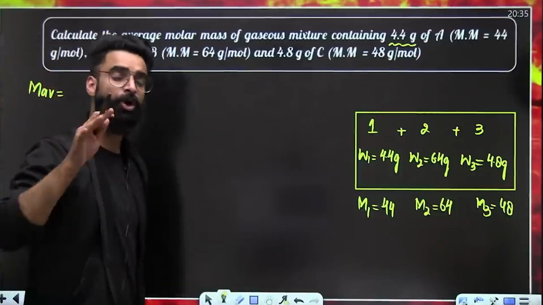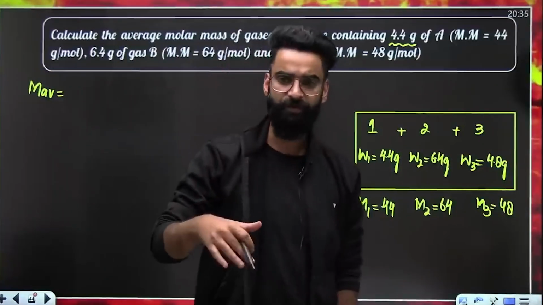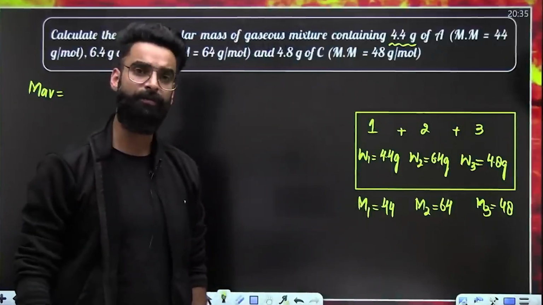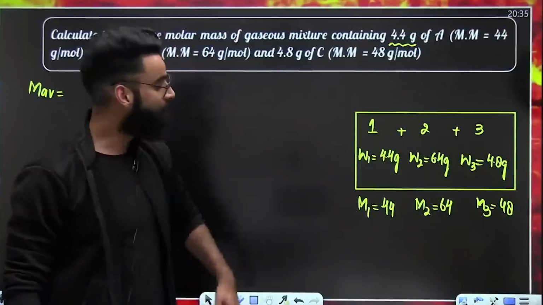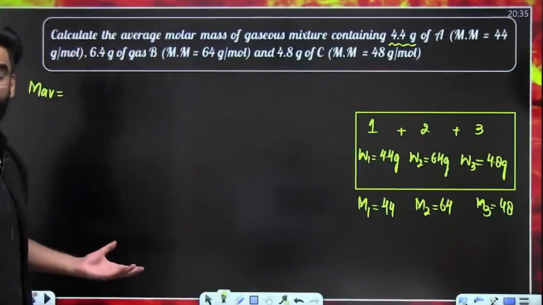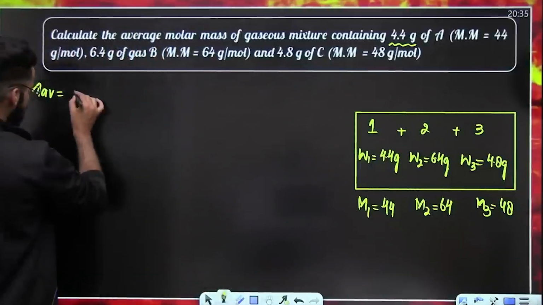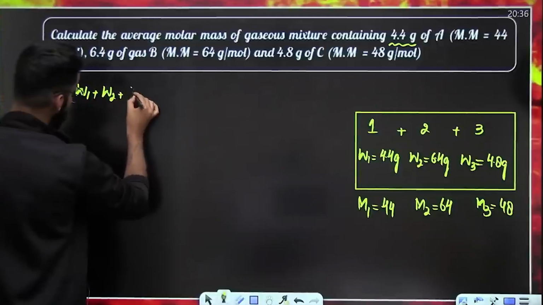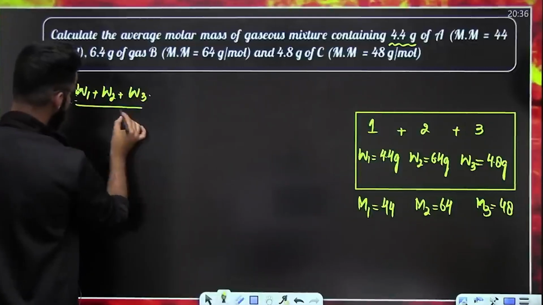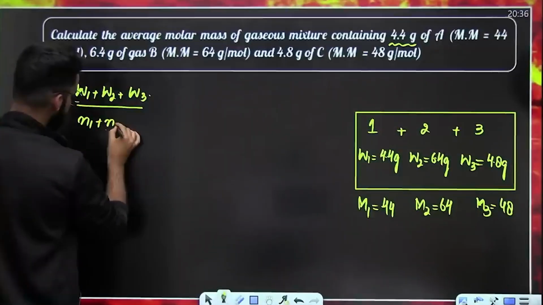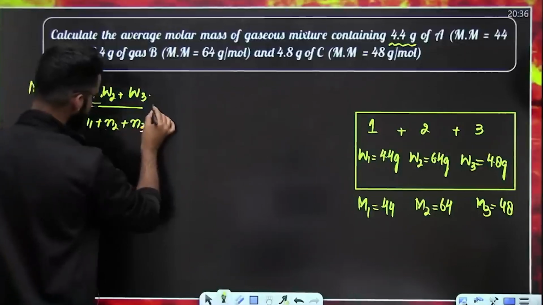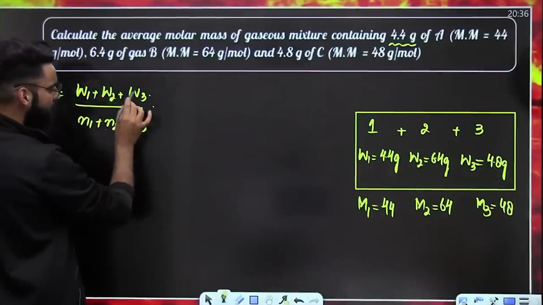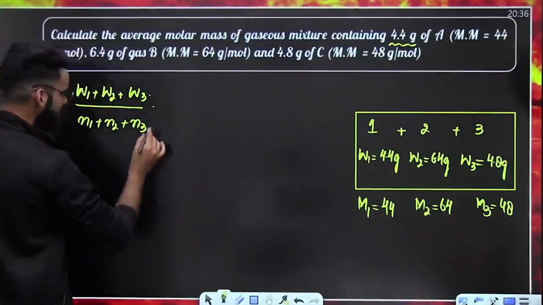Now, dear students, we have a lot of formulas by means of which we can calculate the average molar mass. But which formula do I use right now? I can use the result (W1 + W2 + W3) divided by (N1 + N2 + N3), since there is a third gas.